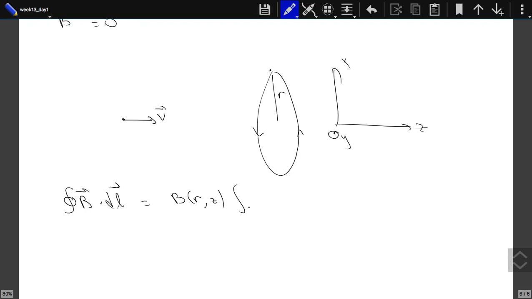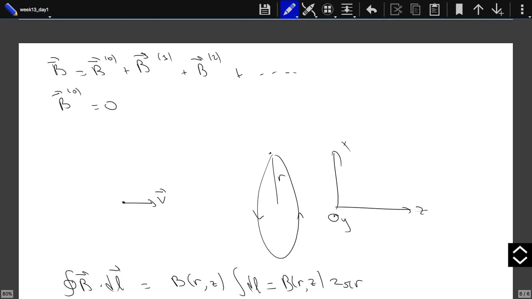But neither r nor z changes around my loop, so I can just take it out. So what remains is the magnitude of B at the point (r, z) times 2 pi r. This is the B dot dl integral around this loop.